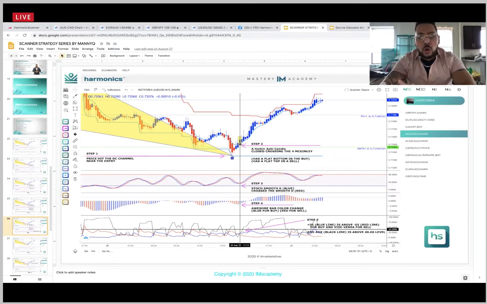I've seen so many different people come back to me and say, hey, I use the scanner source on this product. Can you do a collab with this educator? Can you do a collab with that educator? I don't do it, but it makes me proud to see that people are using this strategy to strengthen their confidence in the market. So we're going to dive very, very deep into how to identify this entry technique.